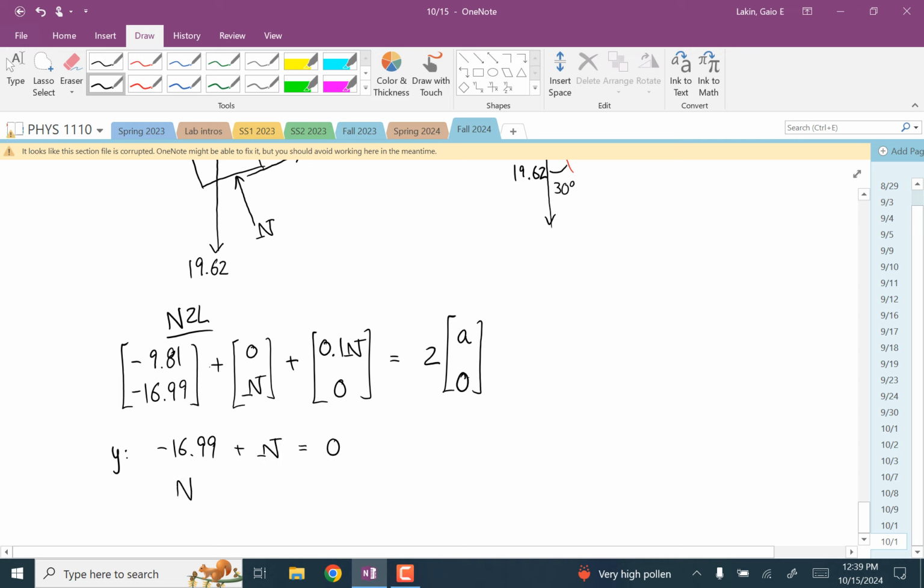And now we'll go to the x equation. Negative 9.81 plus 0.1 times n. We just figured out that n is equal to 16.99. Is equal to 2a.